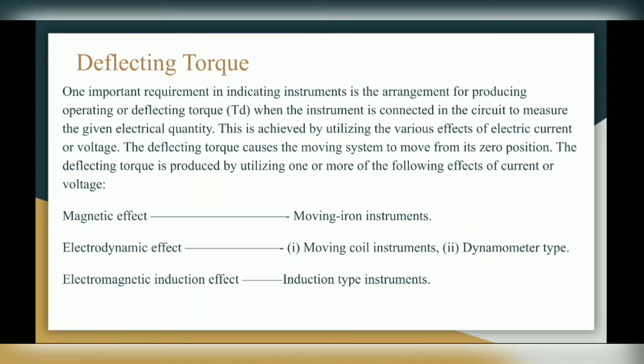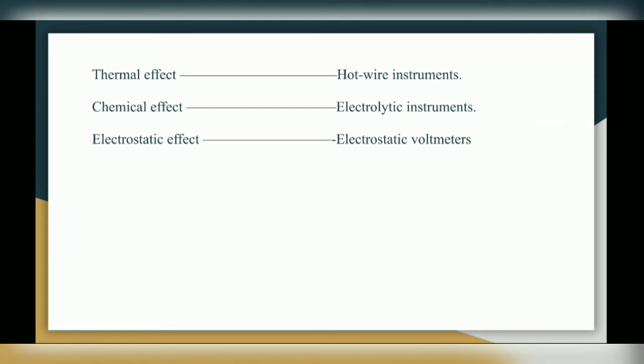So in these two instruments, deflecting torque is produced by electrodynamic effect. Electromagnetic induction effect is used in induction type instrument, and thermal effect is used in hot wire instrument. Chemical effect in electrolytic instrument. Electrostatic effect is used in electrostatic voltmeter.